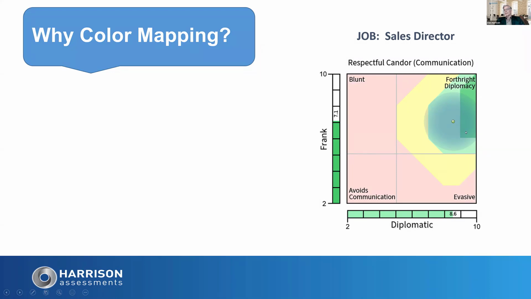So if the person is a little bit more diplomatic than they are frank, it's going to be good. If their frankness tends to get too much stronger than the diplomacy and they go into bluntness, even if it's a little bit of bluntness in the upper right quadrant here, then that's going to potentially impact the job, impact motivation of people, impact employee turnover.